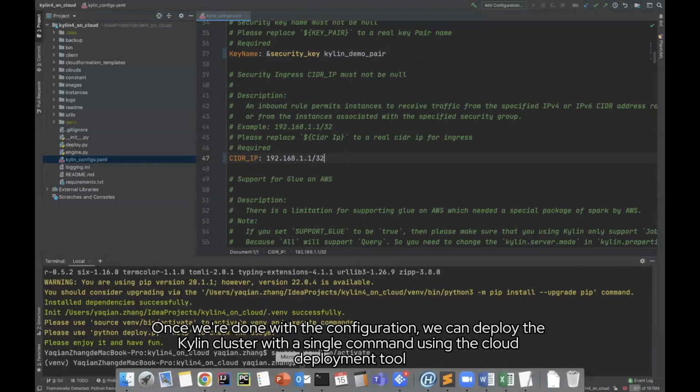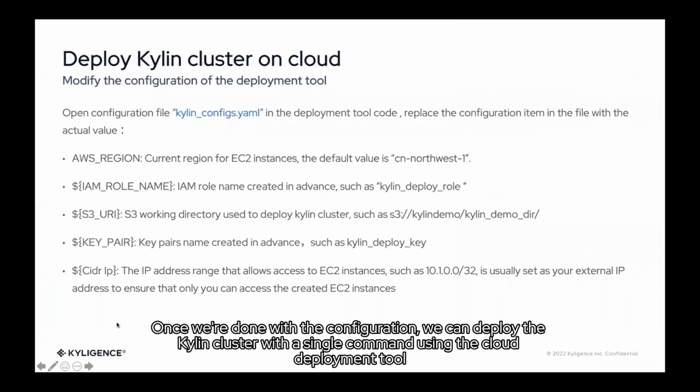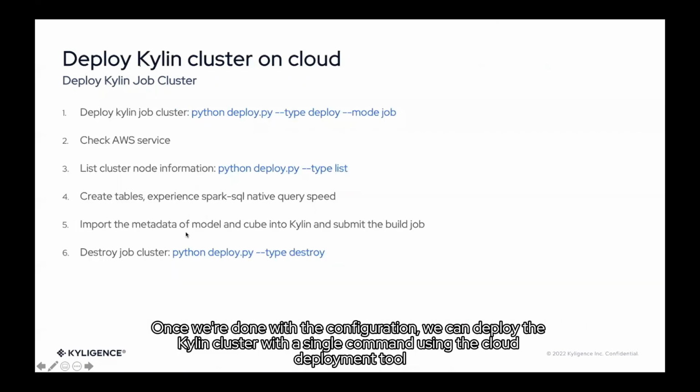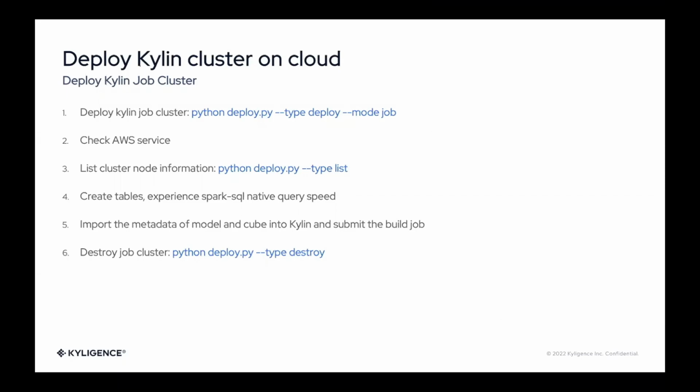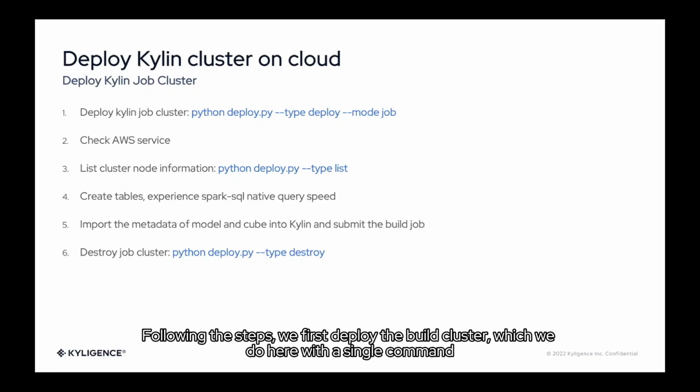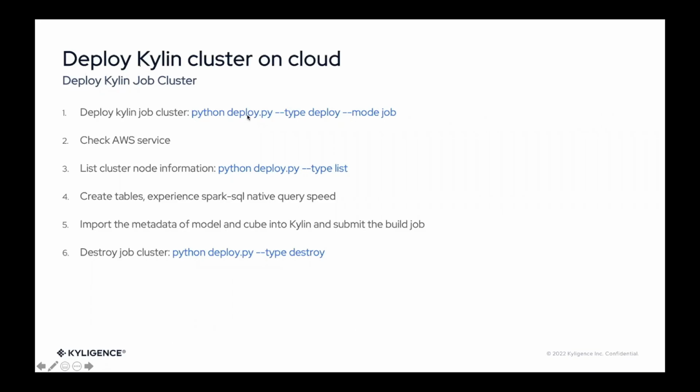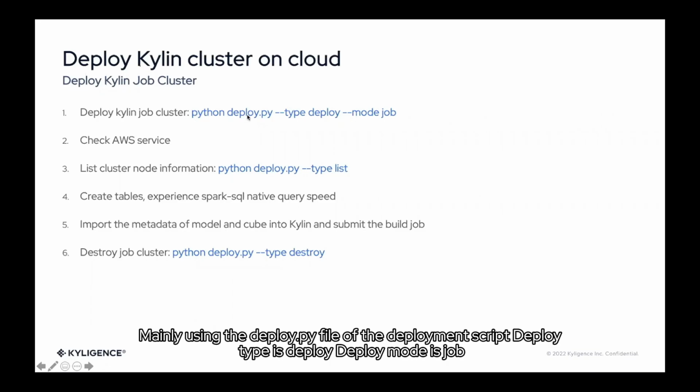Once we're done with the configuration, we can deploy the Kylin cluster with a single command using the cloud deployment tool. Following the steps, we first deploy the build cluster, which we do here with a single command. Mainly using the deploy.py file of the deployment script.